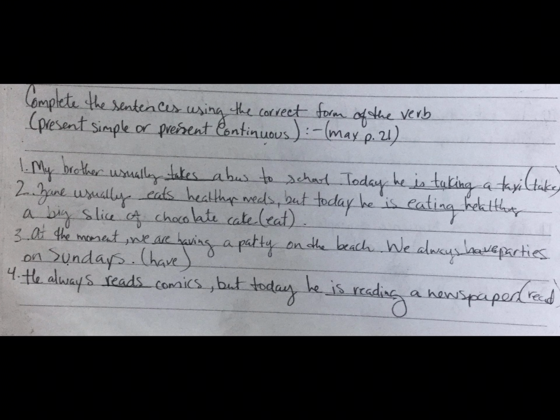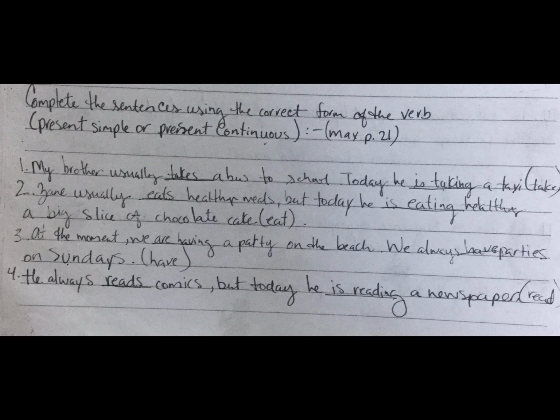And number 3, at the moment we are having a party on the beach, and we have have in brackets. At the moment, since we have at the moment, which is present, we add an ing. We are having, because it's now, it's present and it's continuing, a party on the beach.